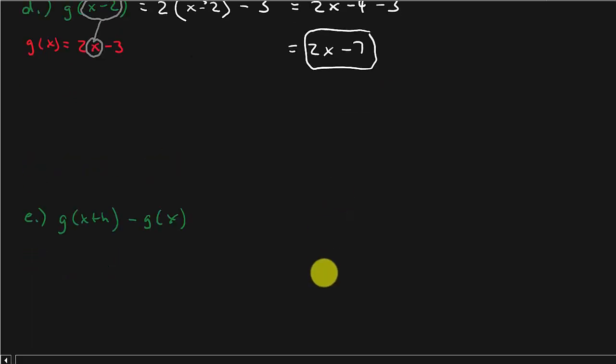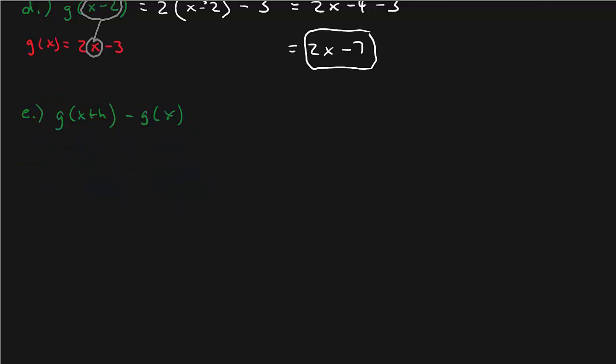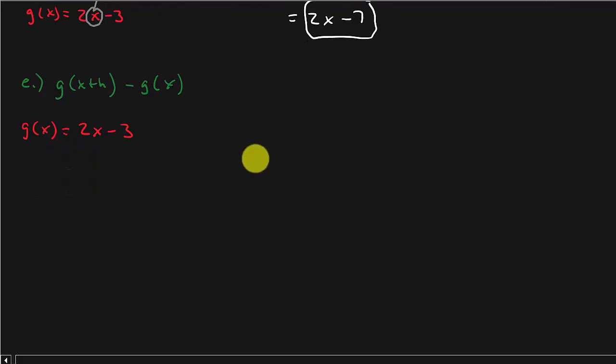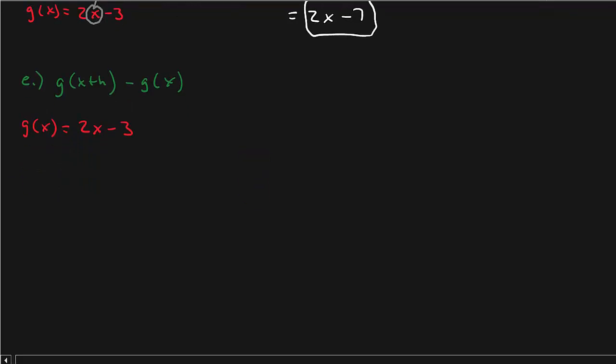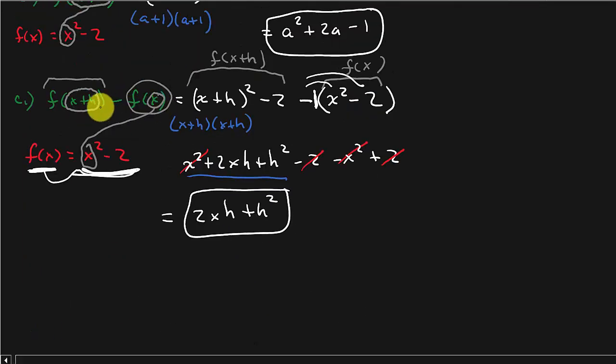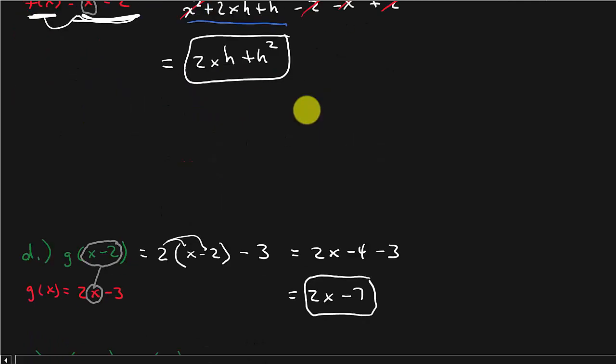All right, the next one. Let's move this up a little bit closer. Let's write our function g down. So g of x equals 2x minus 3. And like I said, writing this down, that's not part of the solution. I think sometimes it might help you. This one's going to be just like the one we did up here, where we got to do it in 2 parts.